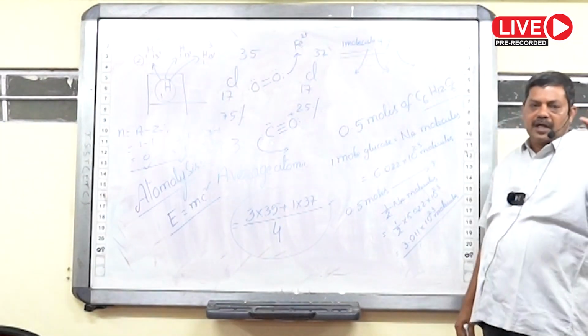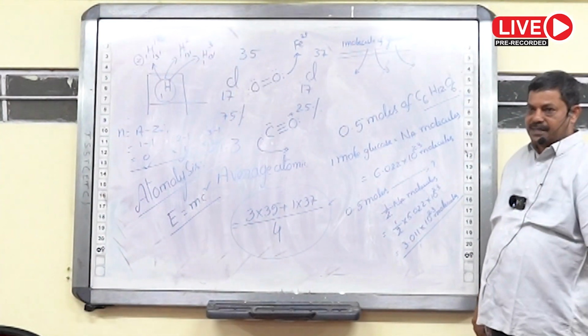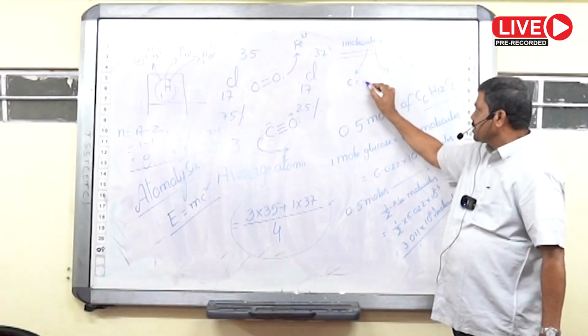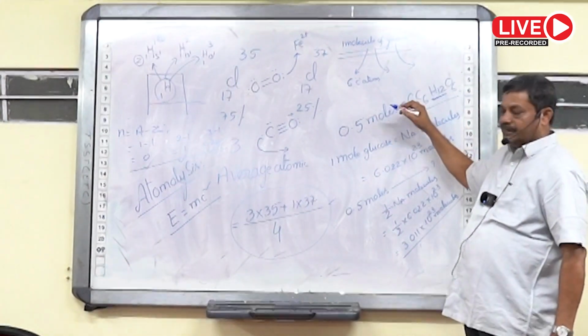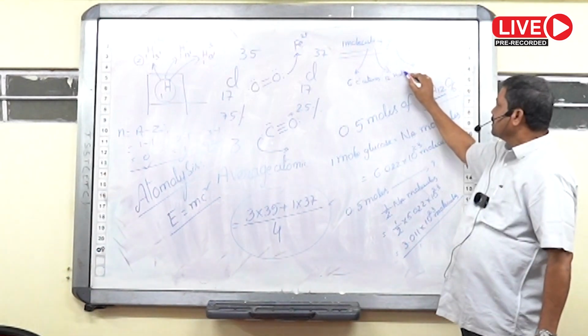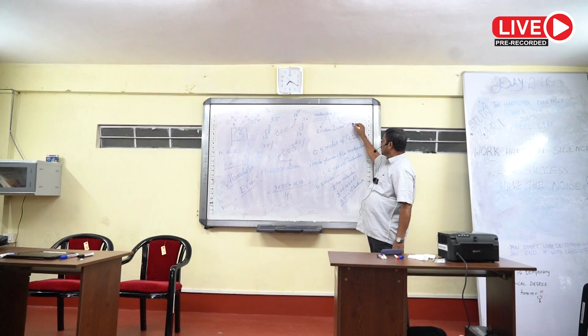If I give 1 molecule of glucose, it contains how many carbon atoms? Very good, 6 carbon atoms. How many hydrogen atoms? 12 H atoms. 6 oxygen atoms.